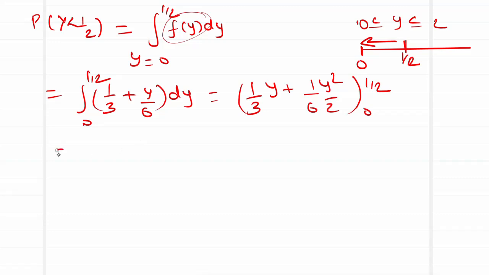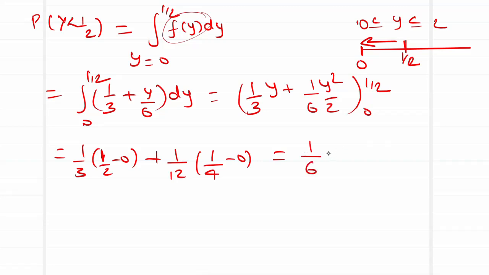It is going to be from 0 to half. 1 by 3 times of half minus 0, and then it goes with 1 by 6, 2 6s are 12, into 1 by 2 the whole square, so 1 by 4 minus 0. So this makes it as 1 by 6, 2 3s are 6, plus 12 4s are equal to 48. So this value is obtained as 3 by 16 using your calculator effectively.